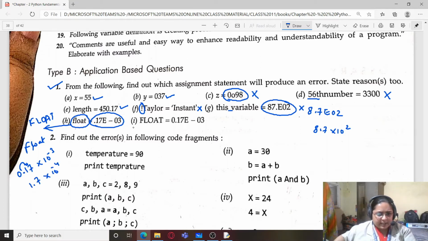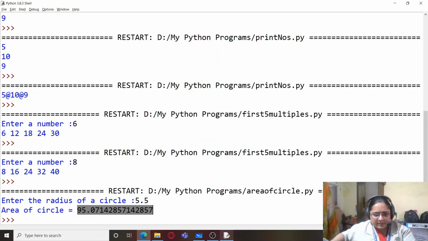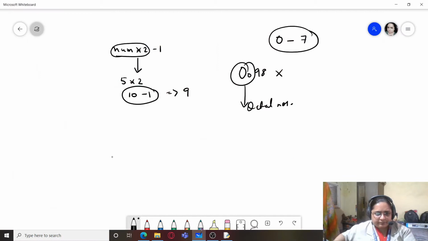So I can write it as float = 1.7e-4. This will be the correct answer.